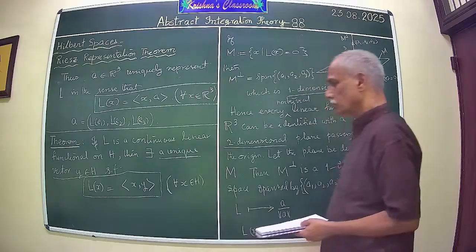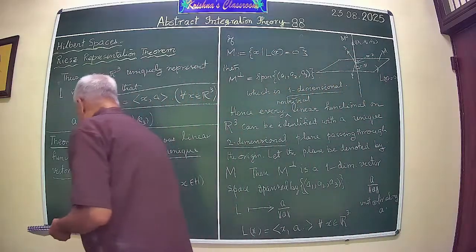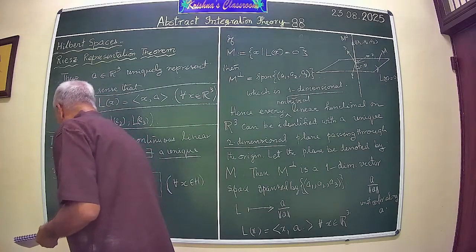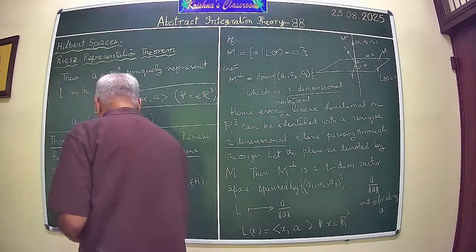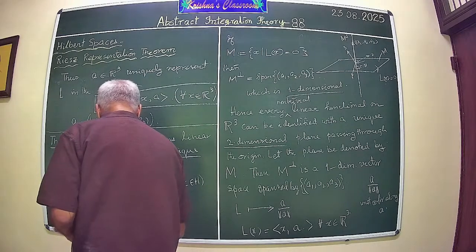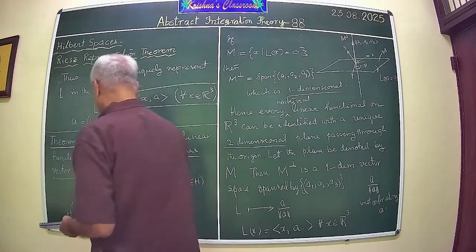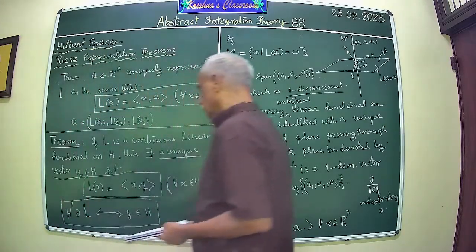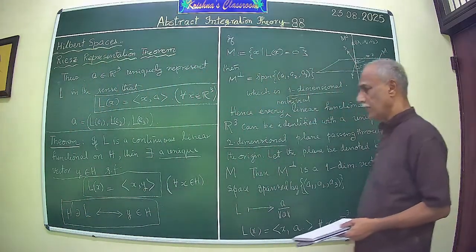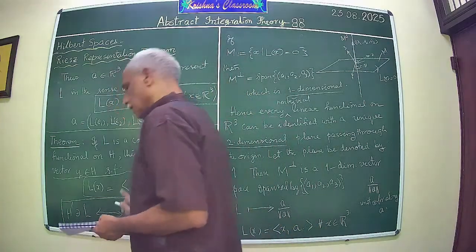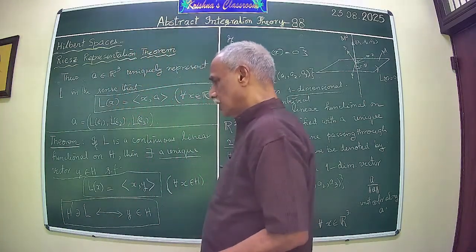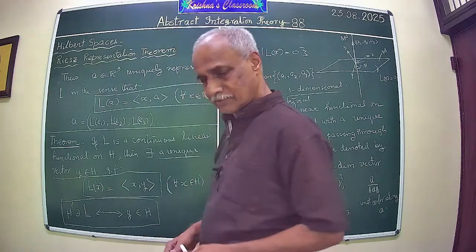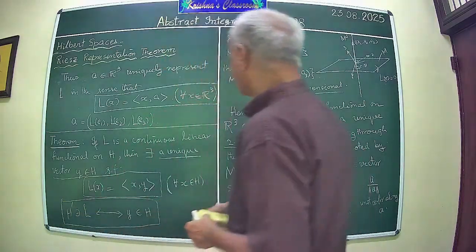So the identification is L is identified with y belonging to H. This is the result that we have. H prime is the space of all continuous linear functionals on H. So that's the dual space.